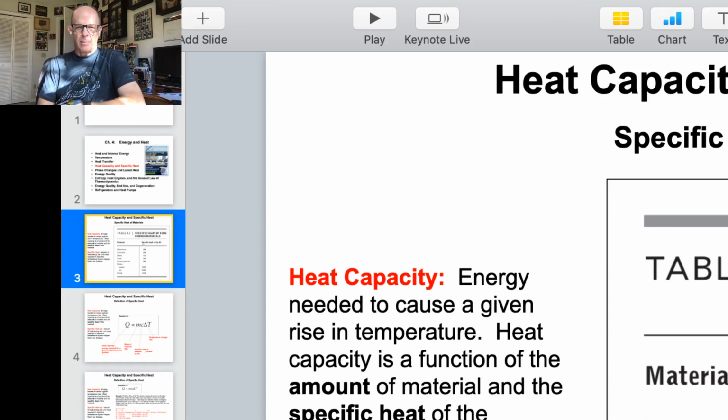So that means if I take, say, for example, 4,000 joules of energy, and I put it into a kilogram of water, a kilogram of aluminum, and a kilogram of steel, I'm going to get different temperature changes for those different things. The water is only going to go up by 1 Kelvin. The aluminum is going to be more than 4 Kelvins hotter, and the steel is going to be about 8 Kelvins hotter.